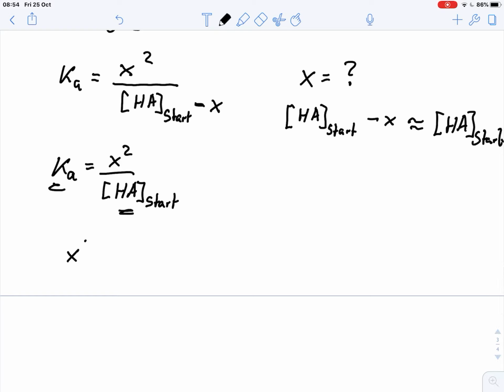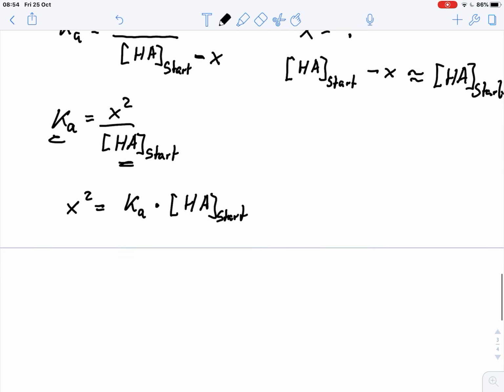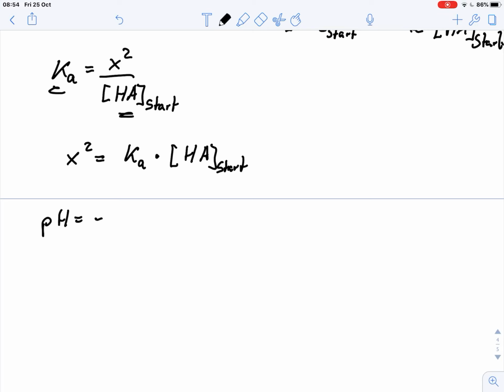So we have x squared equals our Ka times our starting concentration of the acid. And what we can do now is we know that the pH is defined as the negative log of the proton concentration. So we can take the negative log of both sides.